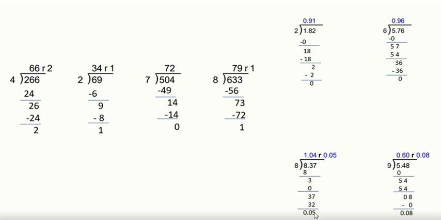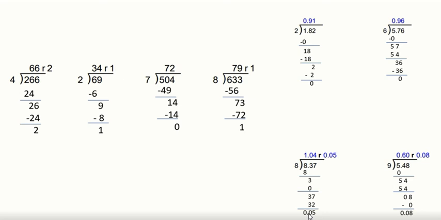Now what we need to do is look at our problem and say how many places are to the right of the decimal. It's 2 spaces to the right of the decimal, so you count 2 spaces, 1, 2, and that's where you place your decimal.